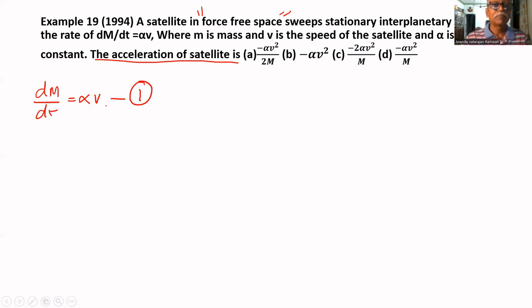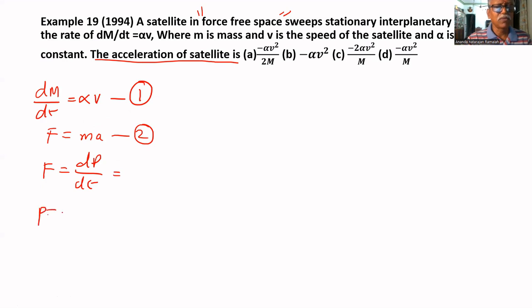We know that F equal to mass into acceleration. We also know that F also equal to dp by dt. That is equal to P equal to what? P equal to mv.